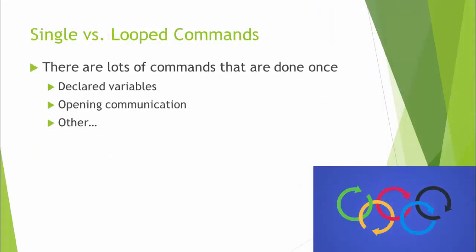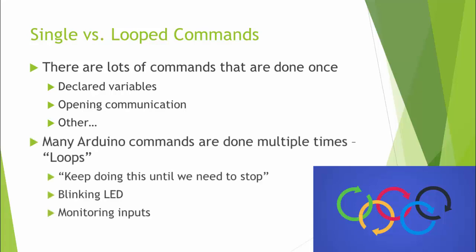Now, there are lots of commands in the Arduino that are done once and once only. We have to declare our variables, more on that later. We have to open communication between various devices. And we have to do lots of other things that might be just setting up our device for the first time.